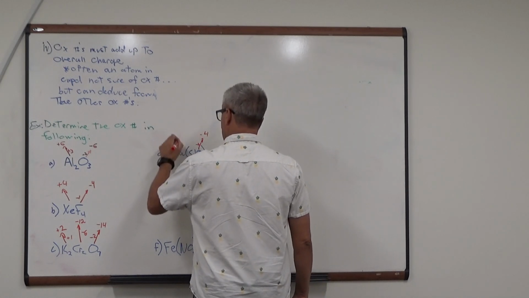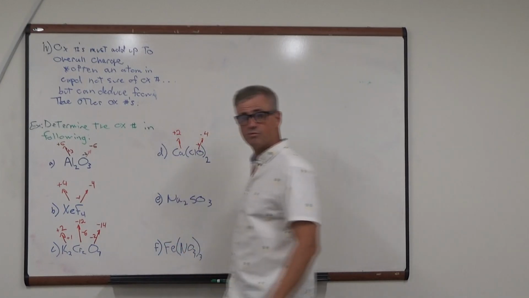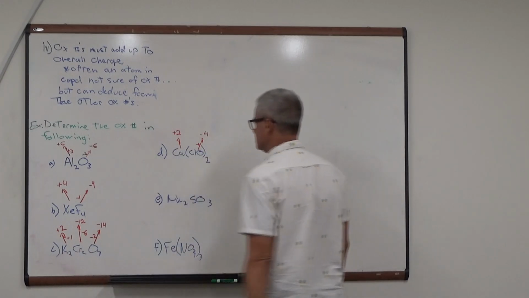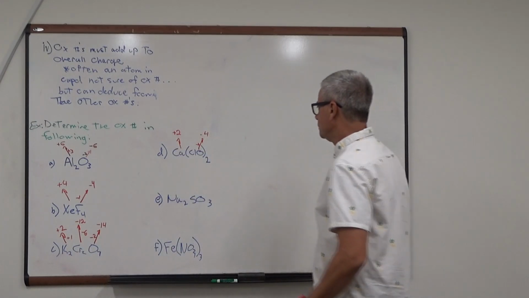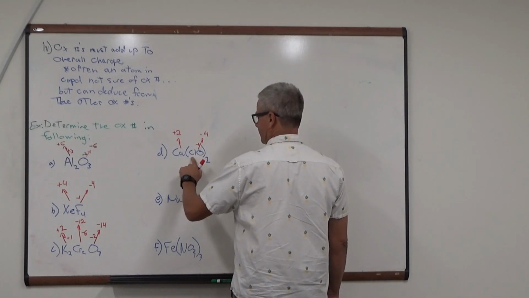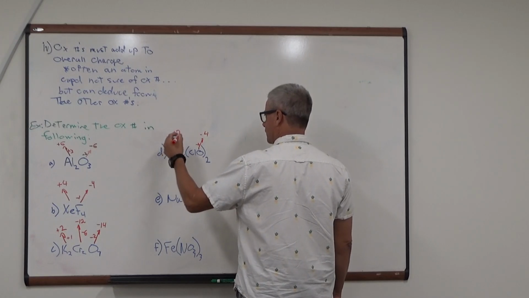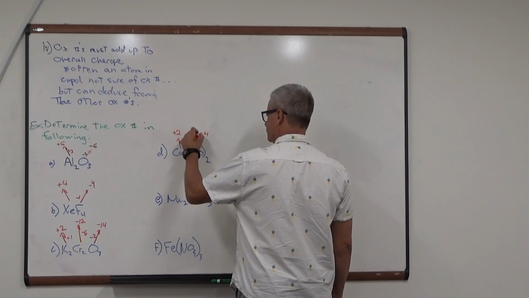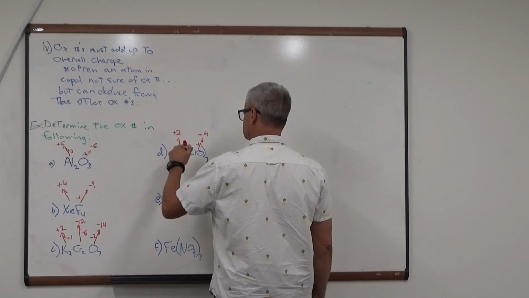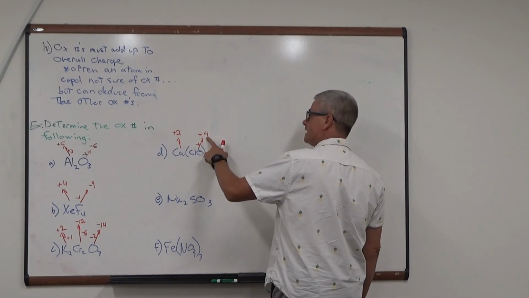Calcium always goes to +2. It's an alkali earth metal, so kind of like the same situation we had with potassium. So these 2 chlorines have to counteract -2.